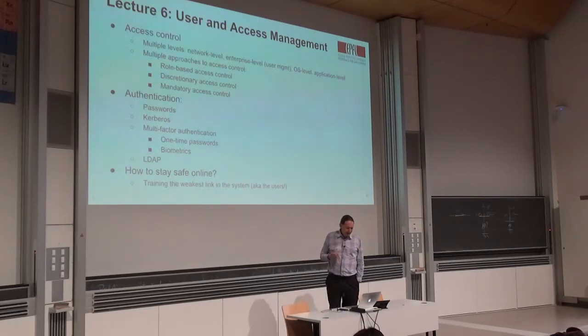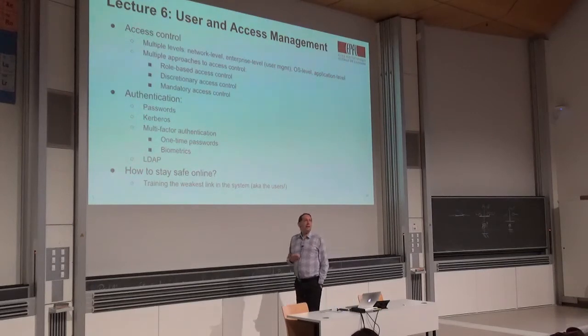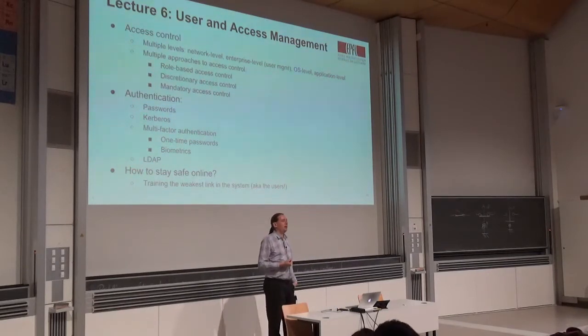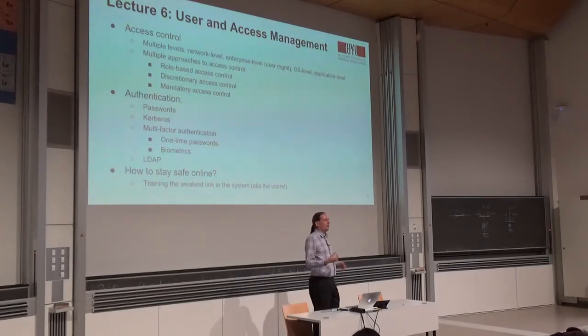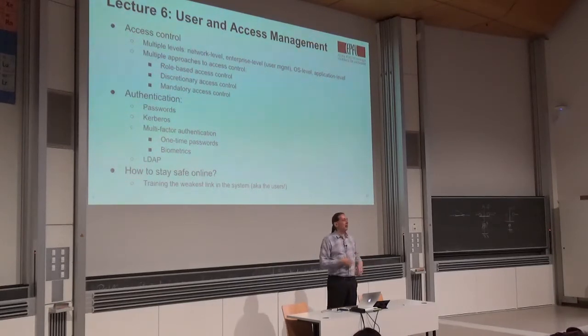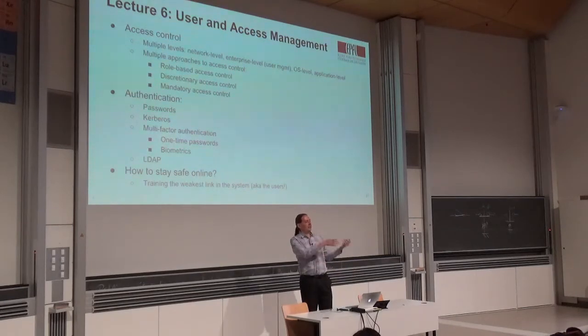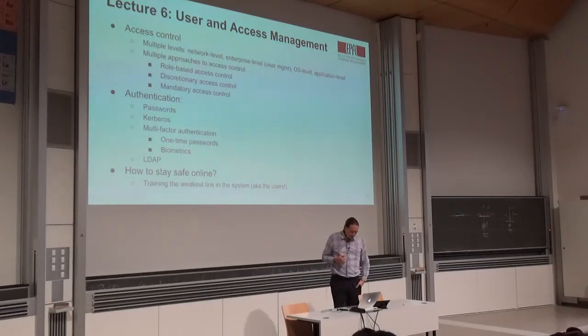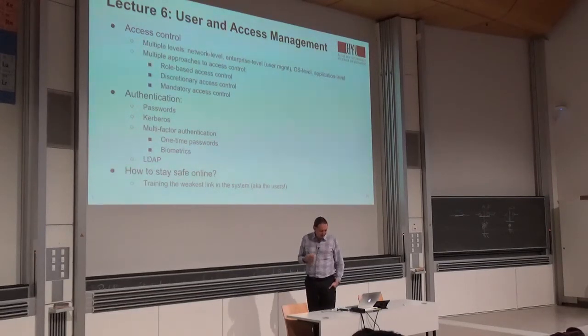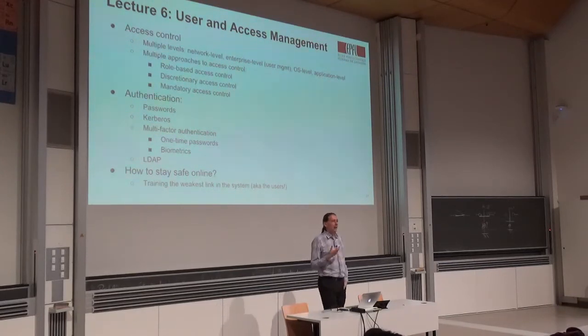And then even particular applications like databases: a typical SQL database has its own set of users and access control mechanisms that are independent and orthogonal to the operating system's and the network's access management systems. So it's important to understand, to some degree, how some of these access control mechanisms work and what types of things can go wrong with them.